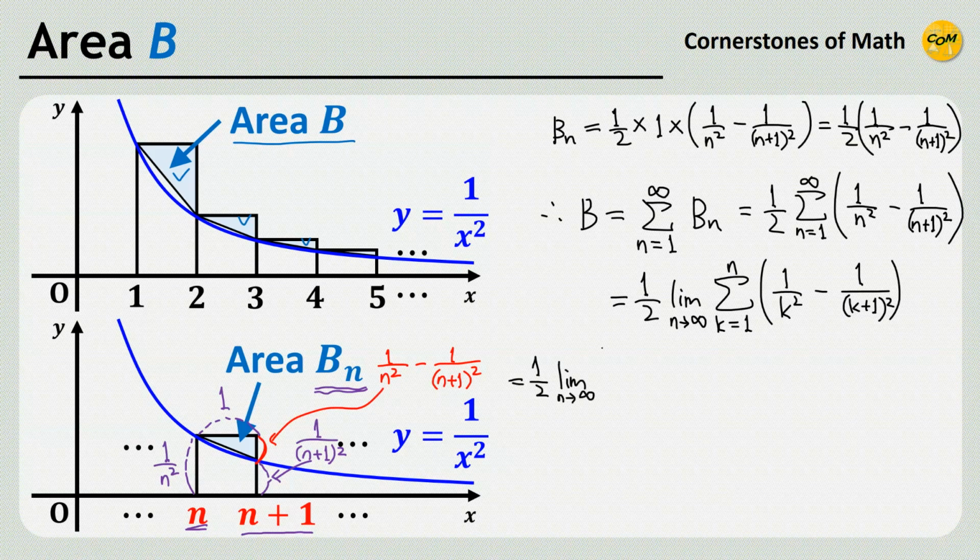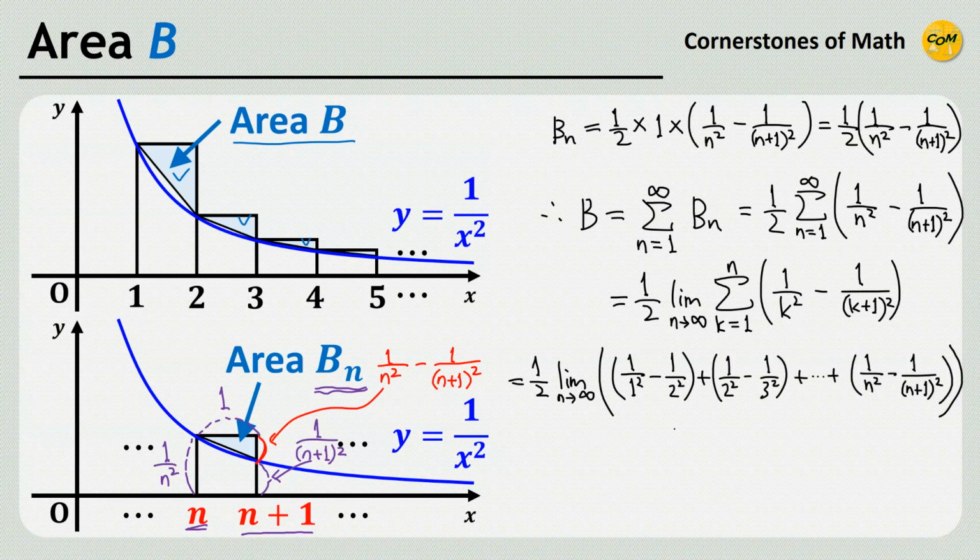Here, if we write down the sigma part, we have this, and you can easily notice that the middle terms cancel out, so we have 1/2 times the limit of 1 minus 1 over (n plus 1) squared, which just gives 1/2.